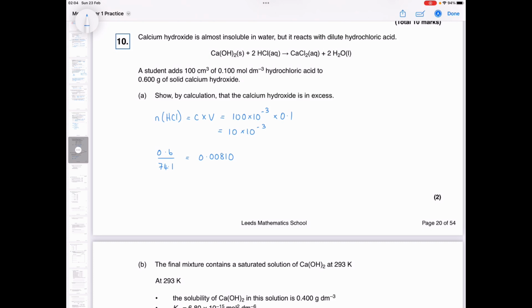So it would require twice as many. Would require n times 2, which is 0.0162 moles of HCl, and we only have 0.01 moles of HCl. So the calcium hydroxide is in excess.